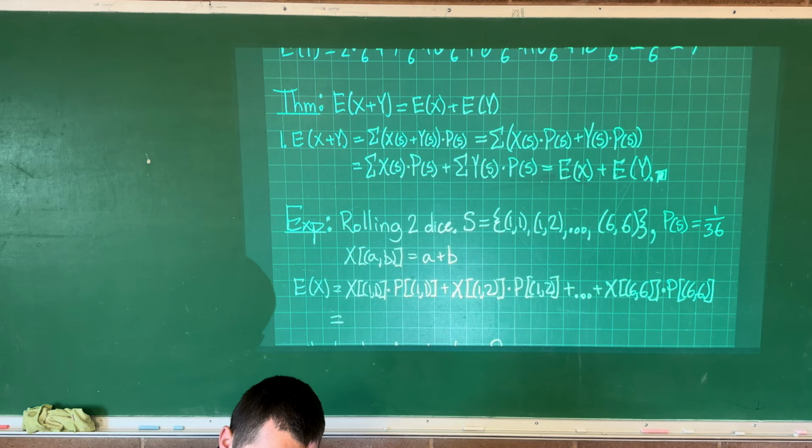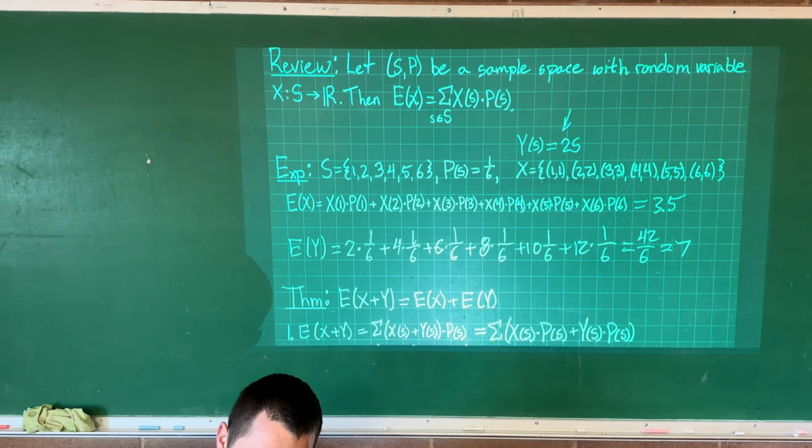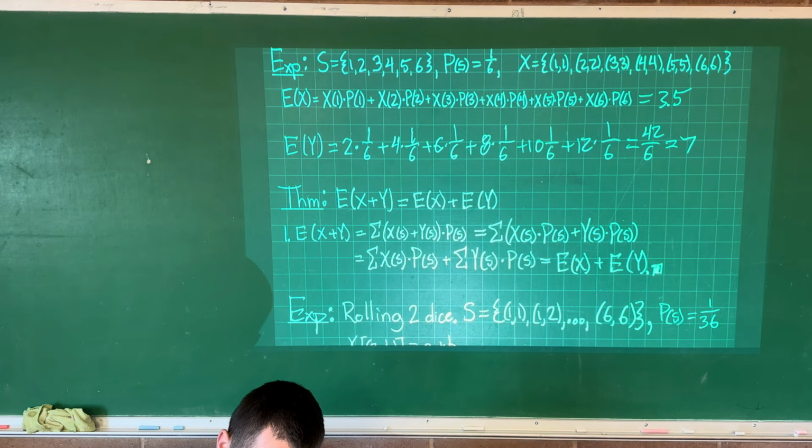Good? So the expected value of x plus y: by definition, what was our definition for expected value? It's the sum, for every little s in big S, of whatever your random variable is times your probability function. Our random variable is x plus y.